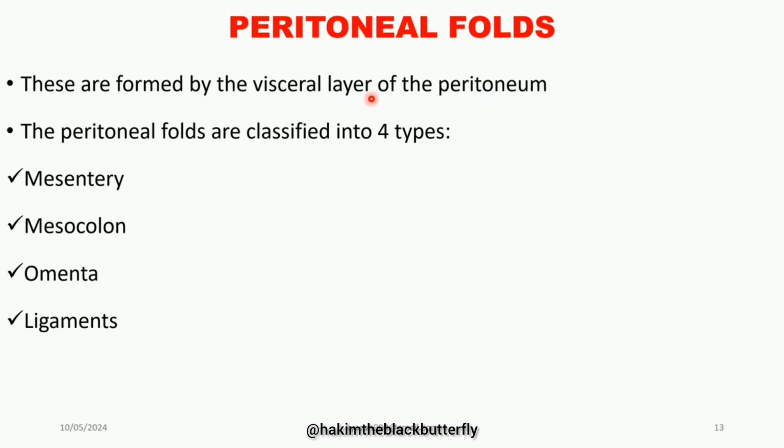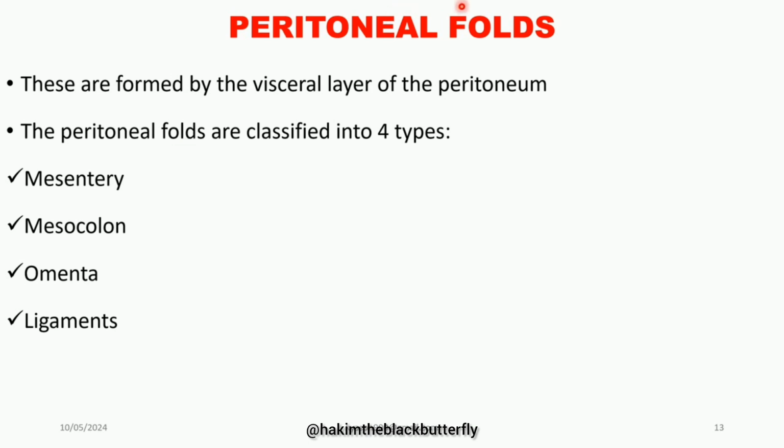But it doesn't only do that, it's going to form extensions, or what you can call peritoneal folds, that will help in connecting the structures or binding them together or with the posterior abdominal wall.